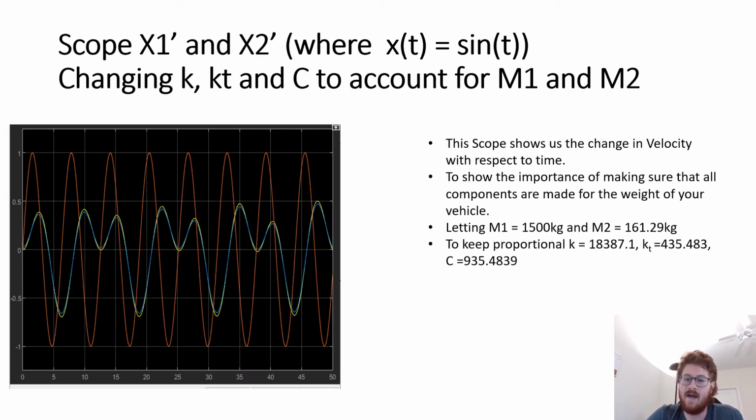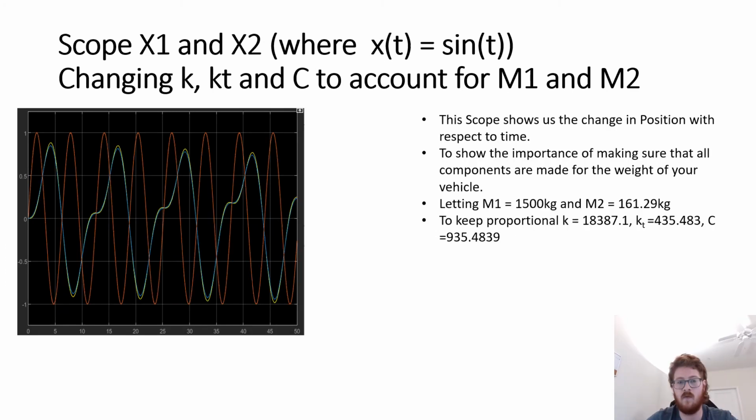On this slide, we are modeling using the same M1 and M2 values as we did in the last slides, but we are also changing the K value, KT value, and C value to be proportional to the original equation. And as you can see, even with the changed M2 values, it comes out to be the same equation as we had originally, even with a smaller weight.